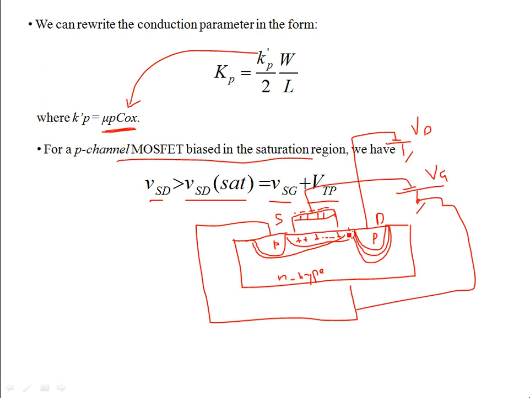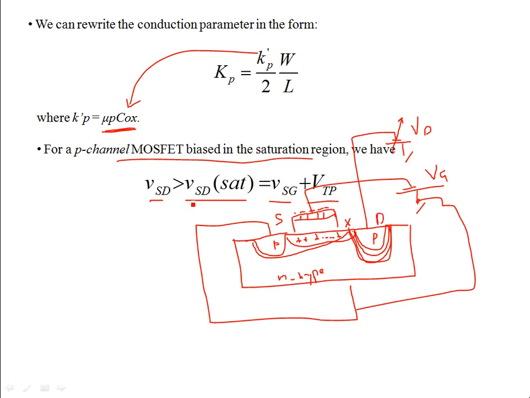Once there is no space charge carrier left at the drain side, increasing VD won't help, because you have increased the depletion region so much that it has pinched off the channel at the drain side. Thereafter, increasing VD doesn't help in increasing the current from source to drain. So you have reached saturation.